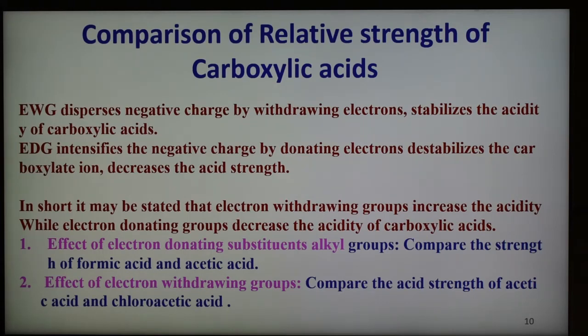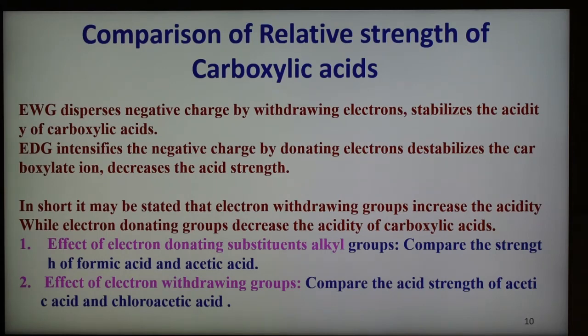The methyl group present in acetic acid, due to its plus I effect, increases the electron density in the OH bond, and as a result, release of H plus ion from acetic acid is more difficult as compared to formic acid. Therefore, formic acid is a stronger acid than acetic acid.